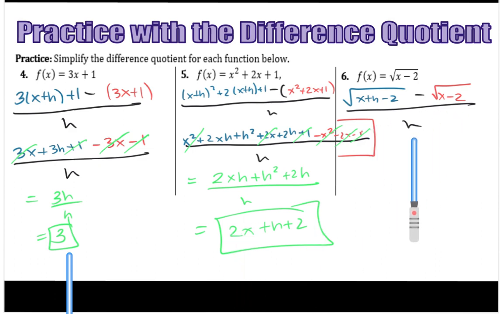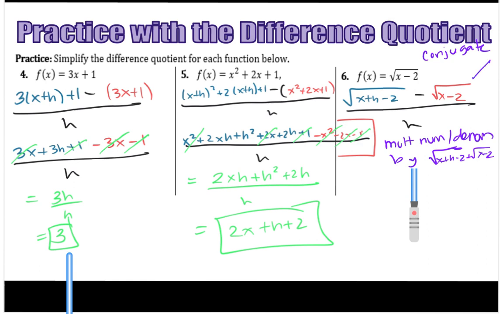Now, number 6 doesn't simplify as obviously using the algebra that we have before, but it can simplify if you use the conjugate. So if you multiply the numerator and the denominator, and I'm going to just write this, by the square root of x plus h minus 2 plus the square root of x plus 2.